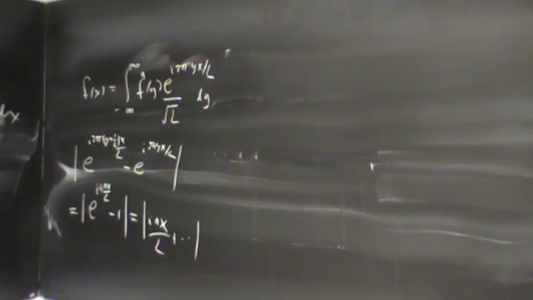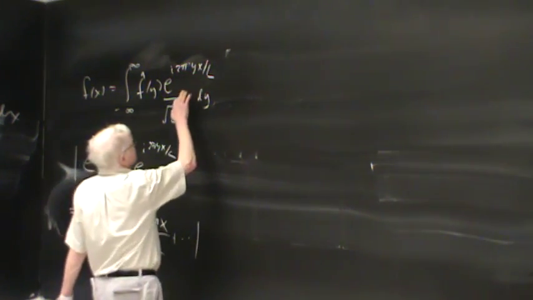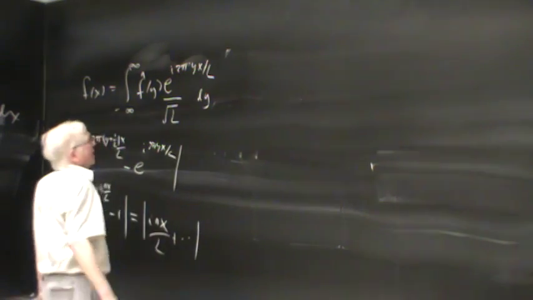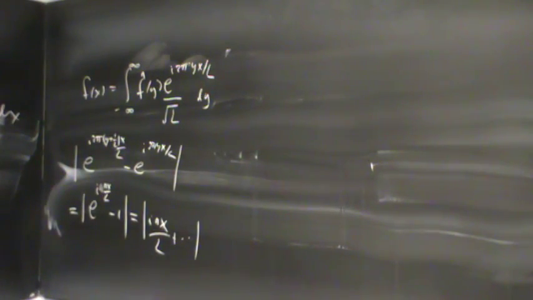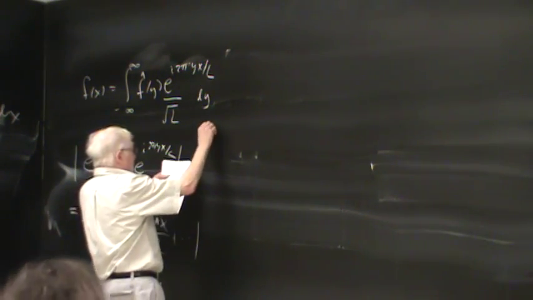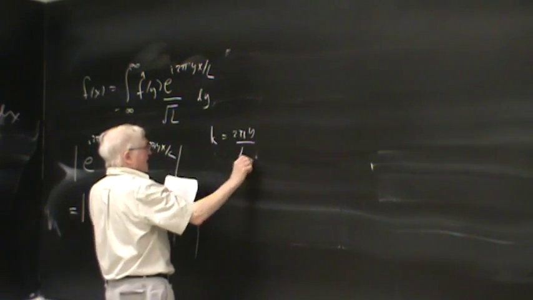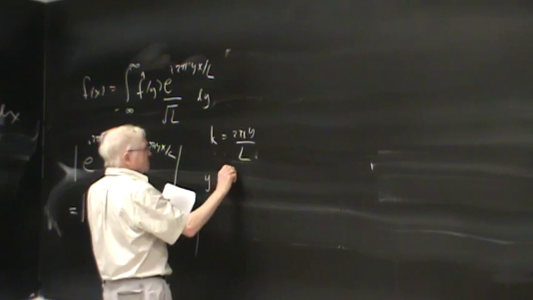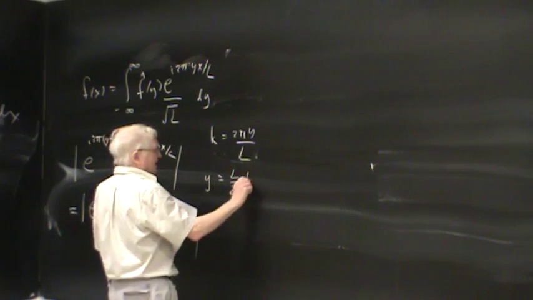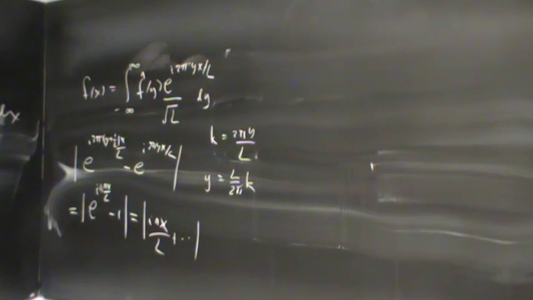And now the next step is to change variables so we don't have to have this awkward expression, 2 pi y over L. That's kind of a mouthful. So what we do is we set k equal to 2 pi y over L, or equivalently y equal to L over 2 pi times k. So we make this change of variables, going from y to k.